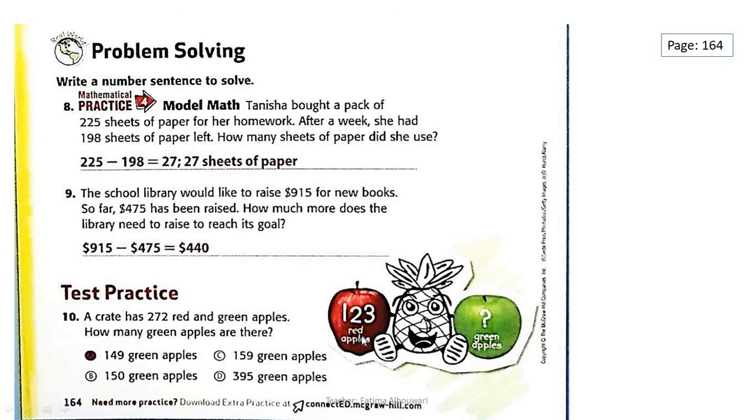We were asked to find how many green apples are there. What do you think, grade 3? Again, we will use subtraction. 272 minus 123. And the answer is, or the difference is, 149 green apples.